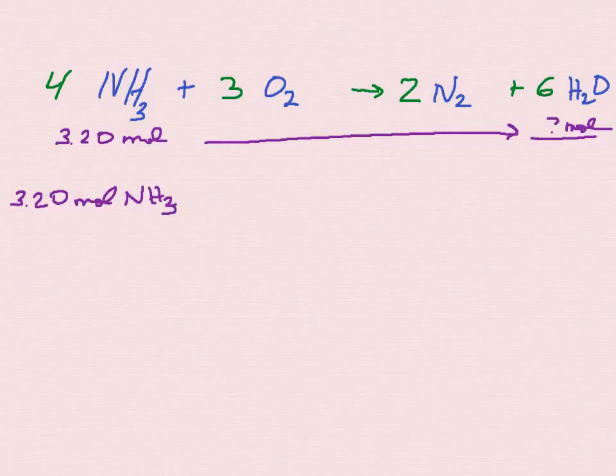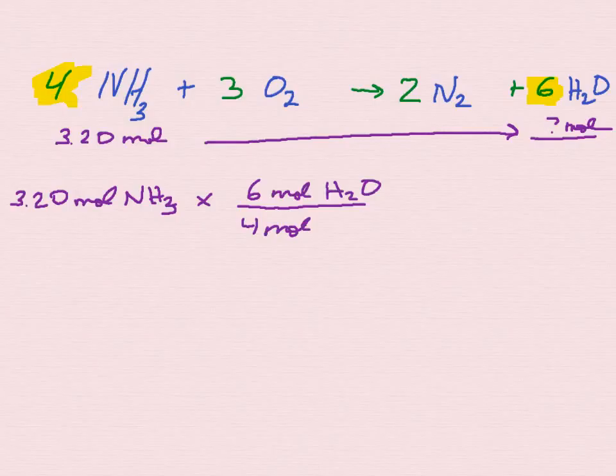The recipe says for every 4 moles of ammonia, I'm going to get 6 moles of water. So then your decision is going to be where do you put the 4 and where do you put the 6. What you want to find goes on the top. You're going to put 6 moles of water on the top because that's what you want to find out about the water. And the recipe says you will use 4 moles of ammonia to do it.